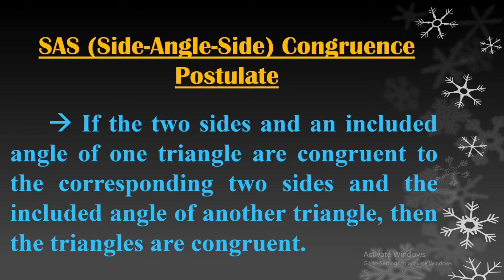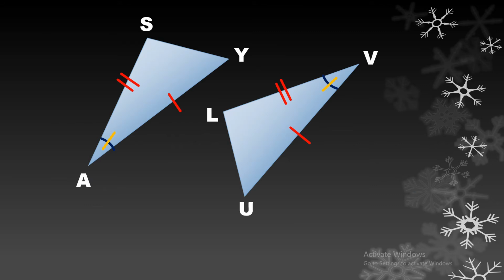In the figure, we have this one. As you can see here, there are two pairs of congruent sides and then one pair of congruent angles. But take note, the angles are the included angle of the two given congruent sides.